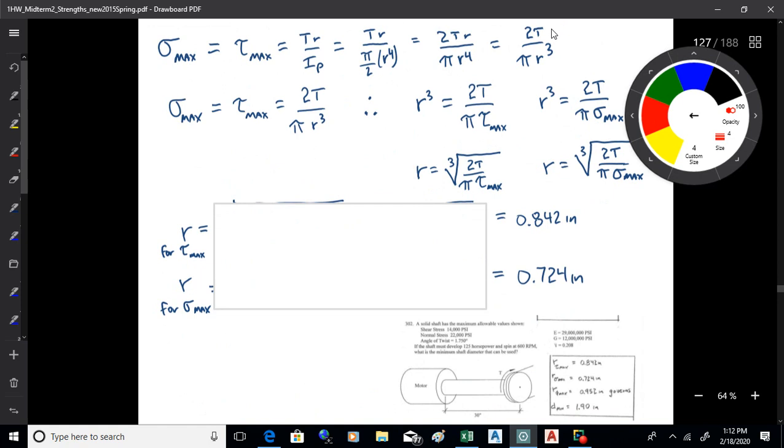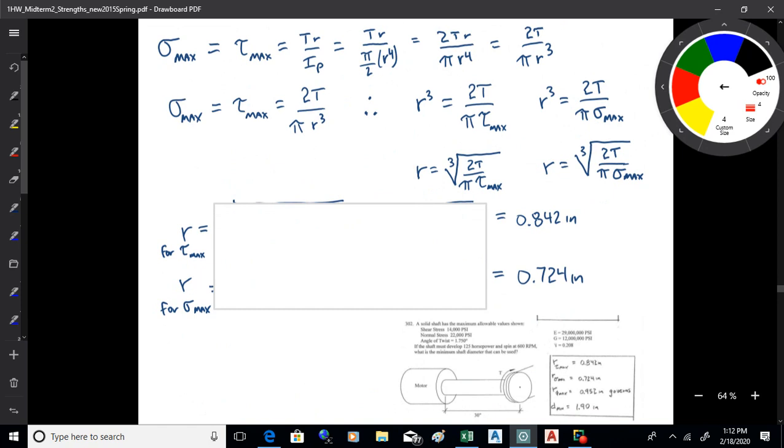From there, it's just a matter of taking those two equations, one for the shear and normal stress. See, the formula for tau max and sigma max is the same. It's TR over I. You just go ahead and solve those for the radius. To do that, you have to know that I is pi over 2 R^4. Okay.